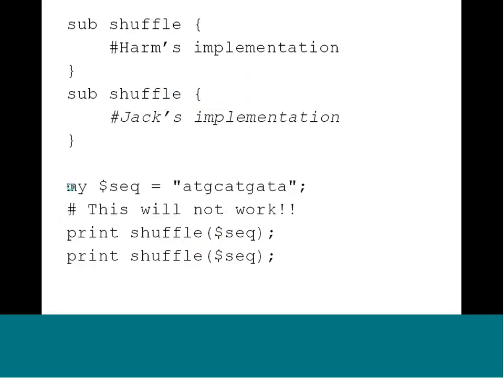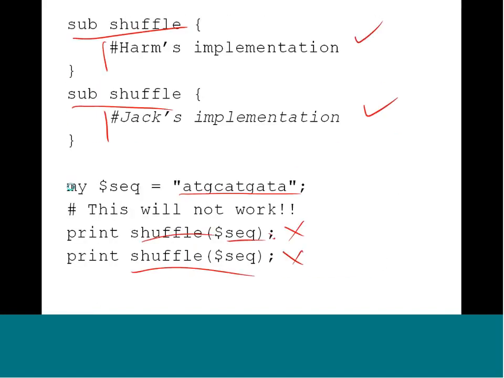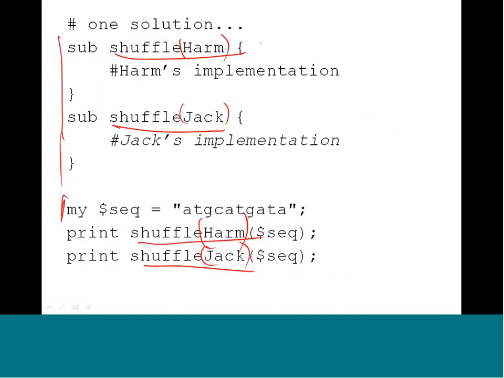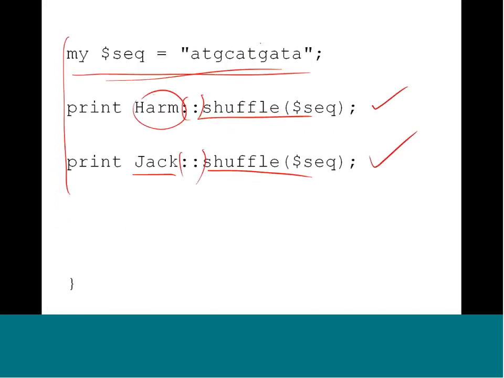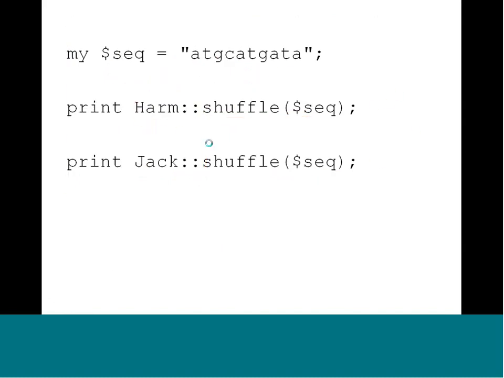If you want to compare these two packages, you need to copy from Harm's area and put it into your program, copy Jack's shuffle and put it in the program, and then we can write the whole program to work with that. Again it's kind of cumbersome, so one thing that we want to do is not even depend on Harm or Jack in order to develop our program.